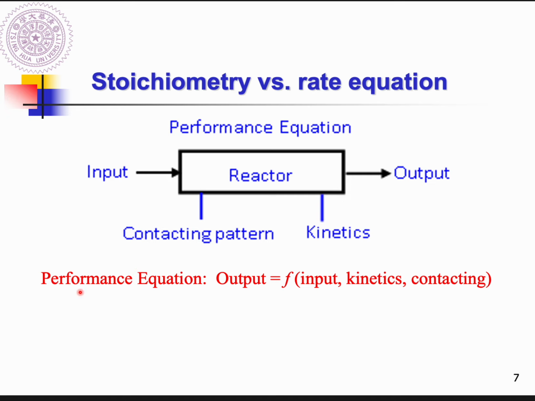The performance of chemical reactions will be affected by the input, meaning what kind of reactants you use, what kind of chemical reactions or chemical equation you choose, and the contacting pattern between the reactants.